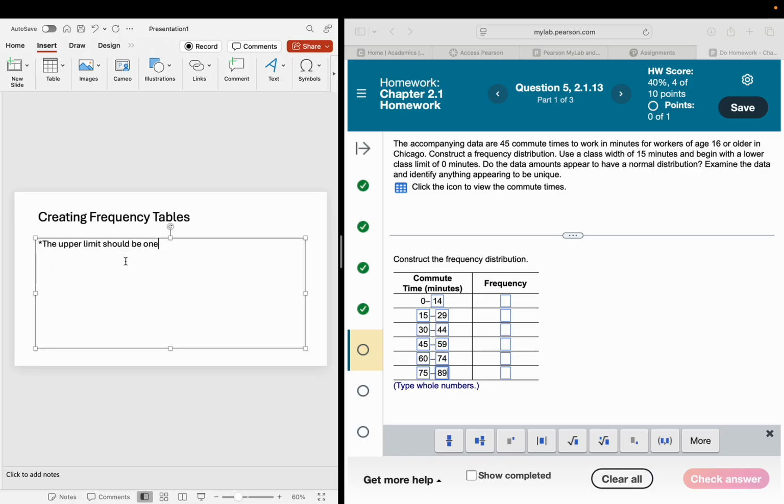I'm trying to make it as non-mathy as possible, but make it be true. 1 unit lower than the next lower limit, and we'll say the unit is determined by the specificity of the data itself.